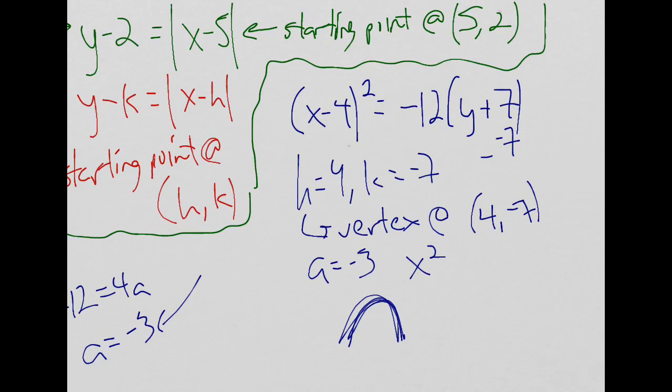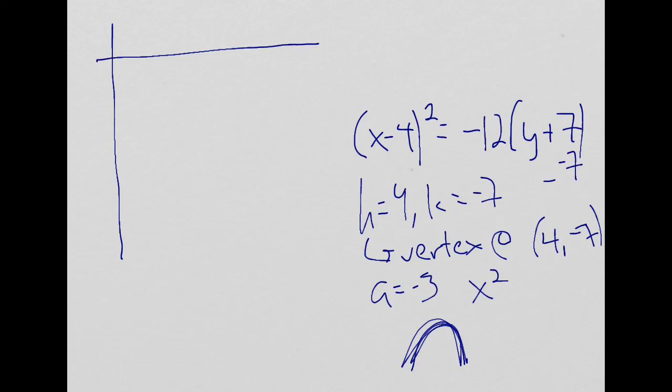So now I'm going to go ahead and graph the information I have written down. So I know that the vertex is at (4, negative 7) based on my h and k. So I'm going to tick 1, 2, 3, 4, and then 1, 2, 3, 4, 5, 6, 7. Put a dot and write (4, negative 7).